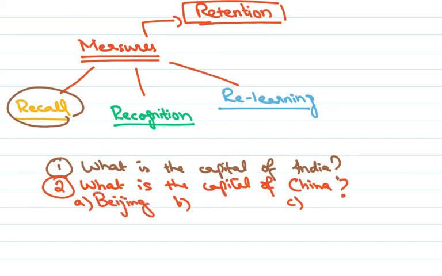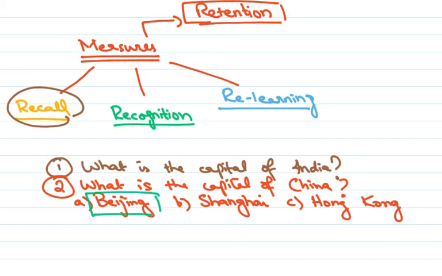The other option is Shanghai, and the third option is Hong Kong. Now, what this sort of question requires is for you to recognize one of these options as being the correct option, and I believe this is the correct option. So this is what we call a recognition measure of retention.